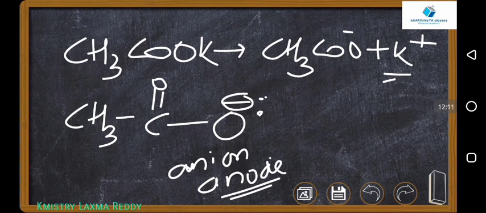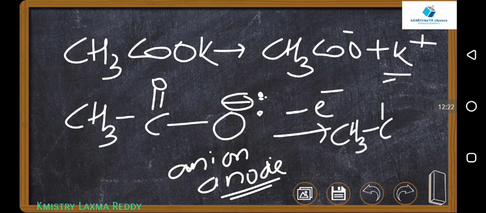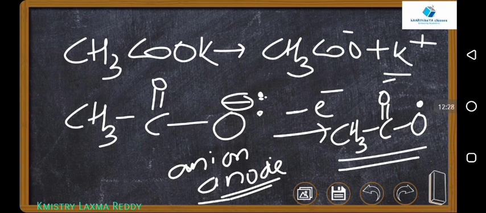This will go to the anode and lose 1 electron. Of these 2 electrons, it is going to lose 1 electron. When it loses the electron, it becomes CH3 C double bond O with 1 electron dot. So this is happening at the anode. I was writing cathode there, sorry for that. So it is at the anode.